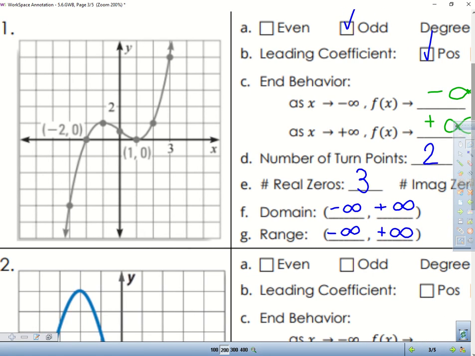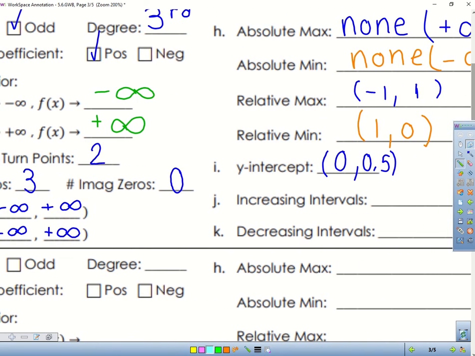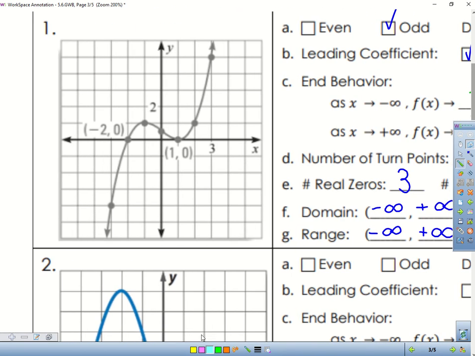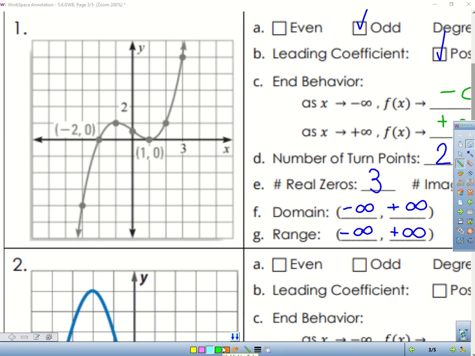So this is the one that throws people off for some reason, so I do want to make sure I'm clear about explaining this right here. So increase and decrease intervals. Every time you do an increase and decrease interval, I want you to think about it this way. You always get on the roller coaster on the left, just like you read English left to right. So you get on the roller coaster over here, and you're riding. Where are we going up?